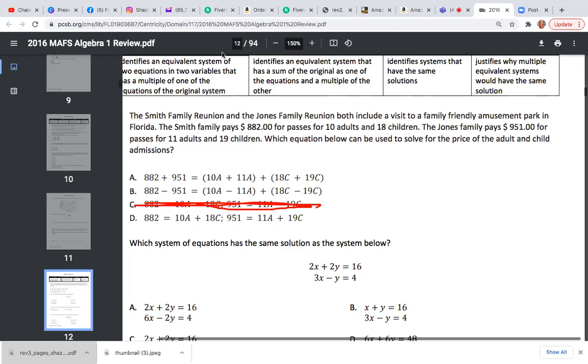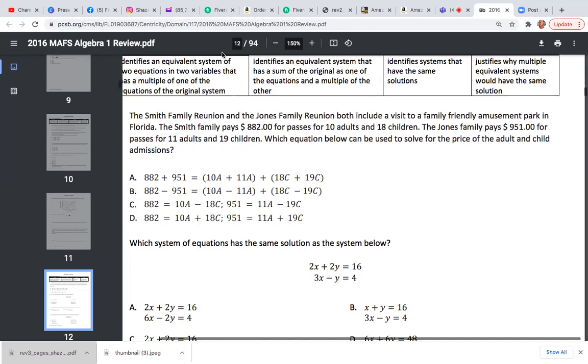C, they were subtracting. Here, let me go ahead and clear this out, okay? C, they were subtracting the 10 adults minus the 18 kids, and then 11 adults minus the 19 C. What does that, 19 adults, 19 kids, what does that have to do with anything? That is a big difference, okay? Because you want to come up with the total amount.